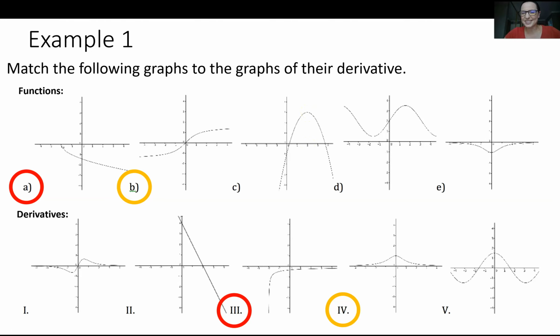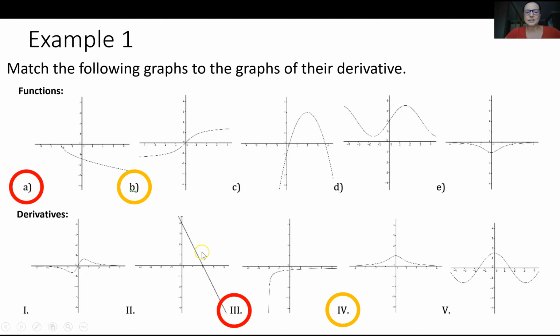Why? Because the slopes of the tangent lines to the original graph correspond to the y coordinates of the derivative. So I'm thinking it's going to be this graph here, because this graph has a y value of 0 at x equals 2, which would correspond to a horizontal tangent line with a slope of 0 on the original function at x equals 2.